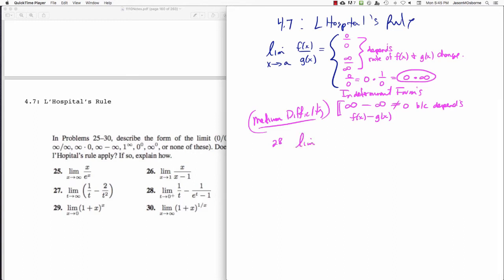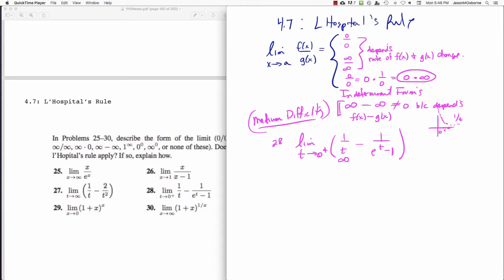The limit as t goes to 0 from the right of 1 over t minus 1 over e to the t minus 1. Now, as t gets close to 0 from the right, 1 over t, whose graph looks like this, gets bigger and bigger, so that would be like infinity.